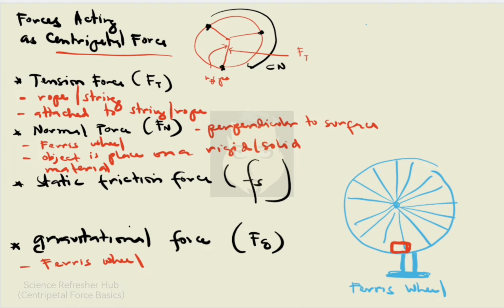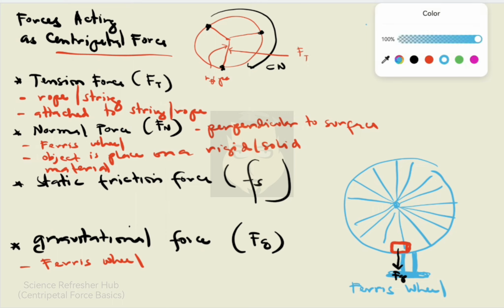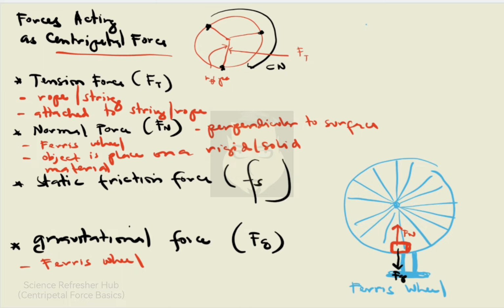When you are riding on a cabin of a Ferris wheel, when you are at the bottom, the gravity pulls you down and is balanced by, I will use another color, red, the normal force. You could feel it. But if this rotates and you are already at the top of the Ferris wheel, look what will happen.